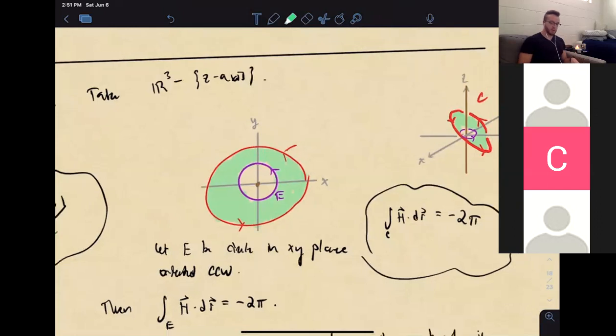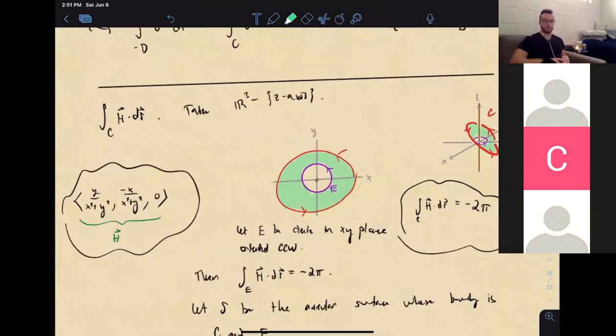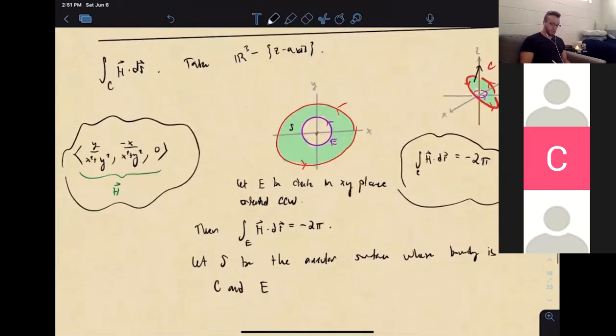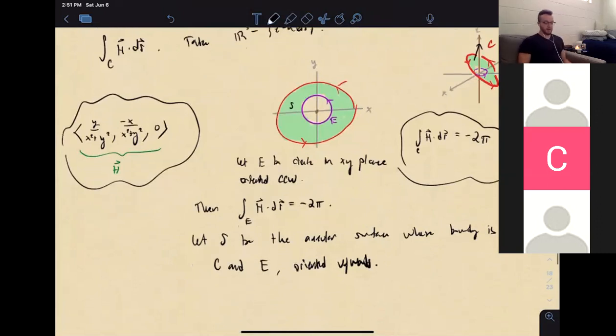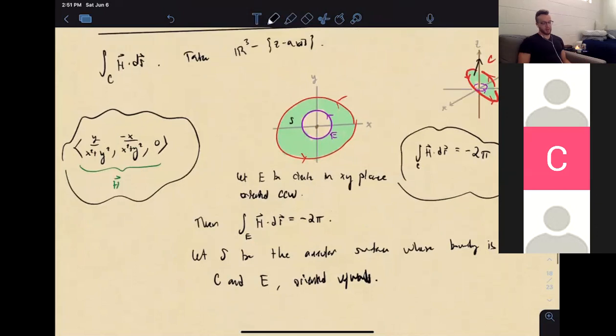So this is what I'm calling S, and I'll orient it upwards. So here's a normal vector. I'm oriented upwards. So question for anyone who's still with me, if there is anyone, what does that tell me about the boundary of S?